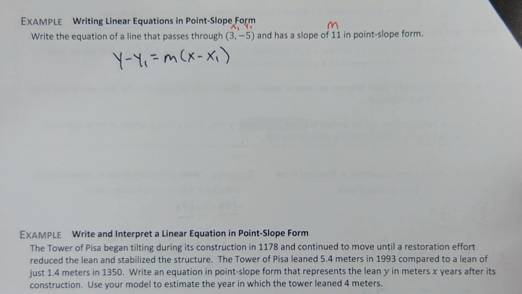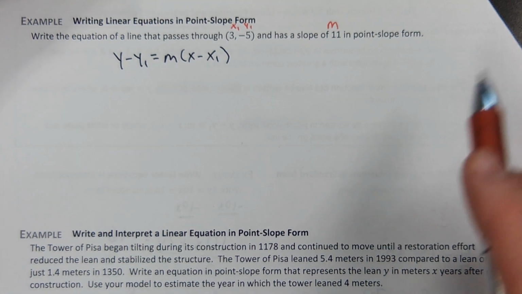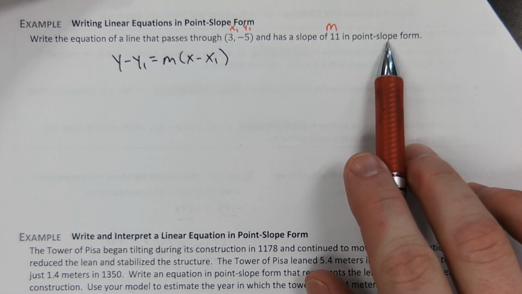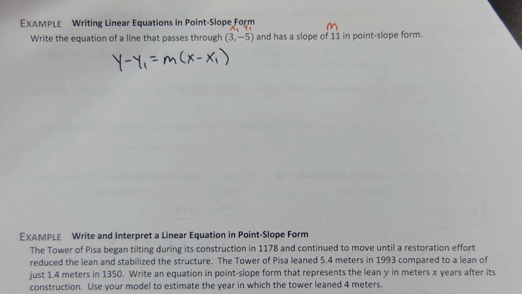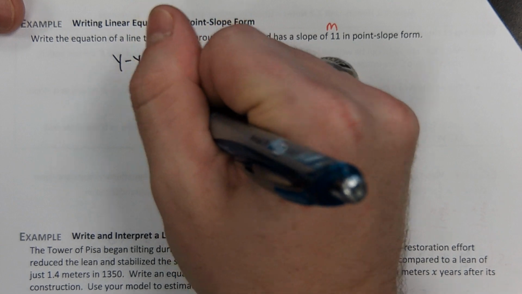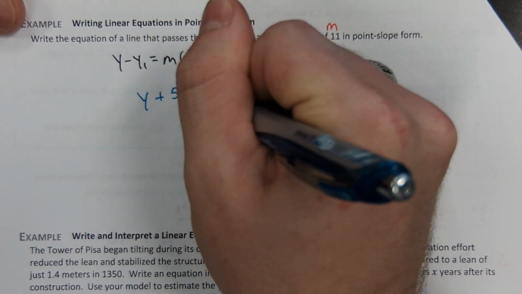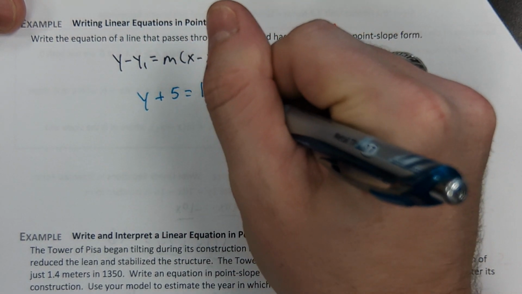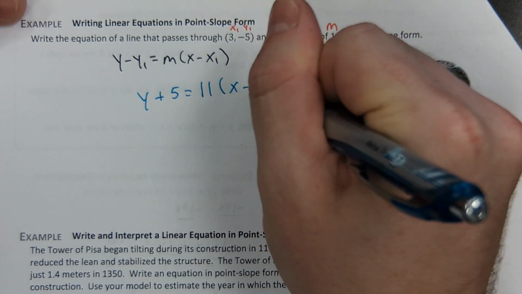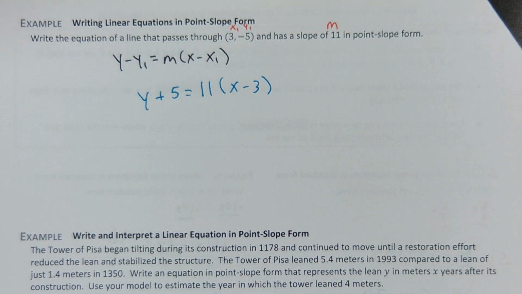We're literally handed everything we need. We plug in x1, y1, and m, and call it a day because it says point slope form. So y minus negative 5 is slope 11 times x minus 3. There, done. That's it.